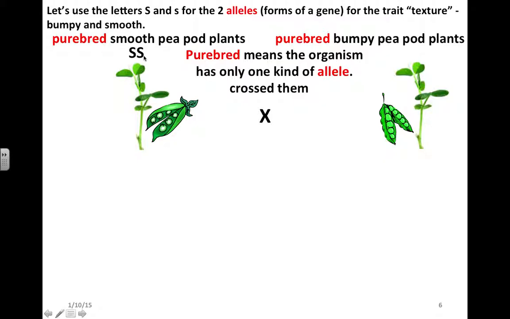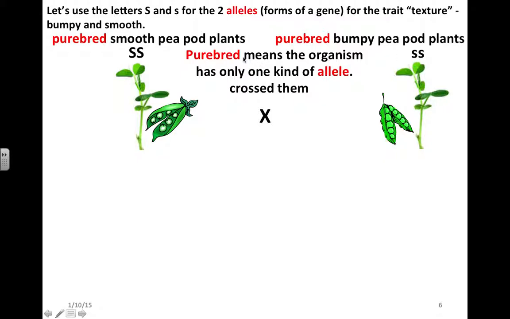So what we just found out, the letter big S is going to represent the allele for smooth, and this one is little s, because it has the allele little s and an allele little s, but little s stands for bumpy, okay?